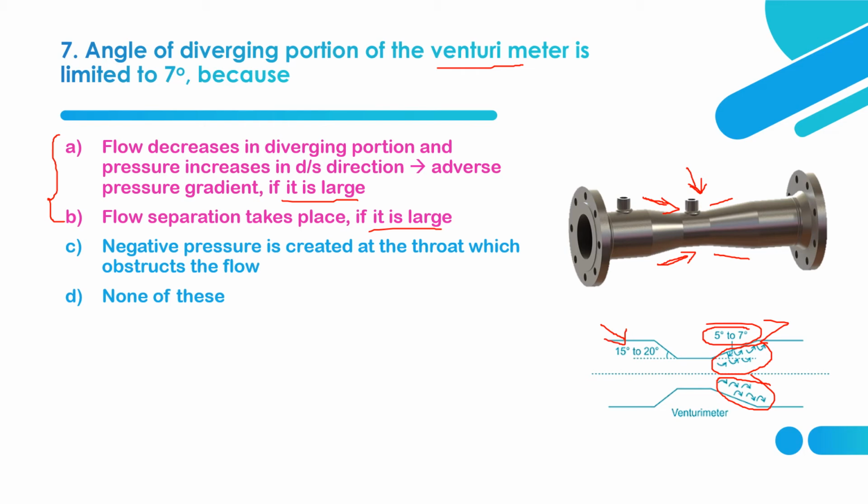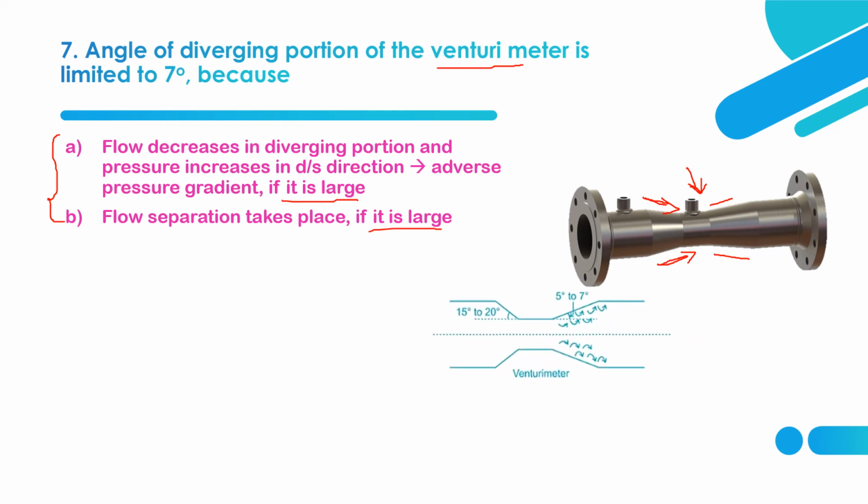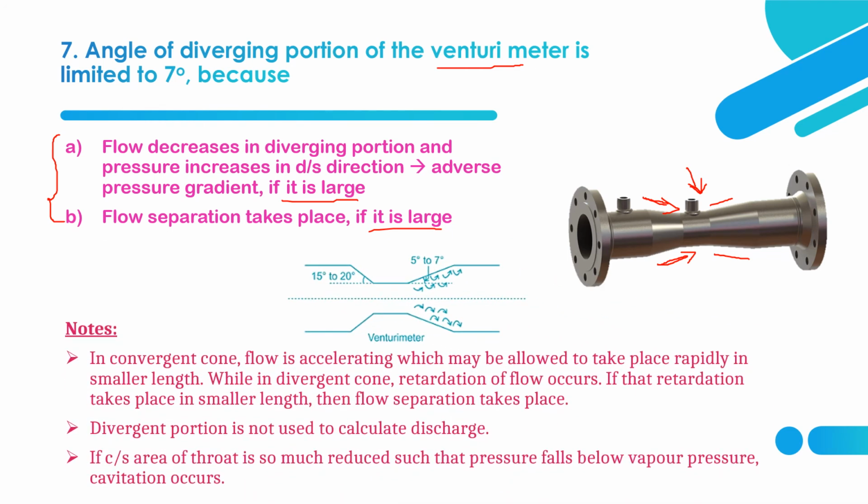Now let's see more about this Venturimeter. In the convergent cone, flow is accelerating. We know why, because converging is there, so the flow is accelerating. That means the flow is increased, which may be allowed to take place rapidly in a smaller length.